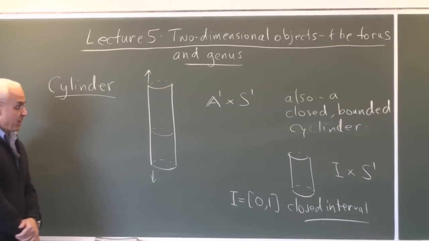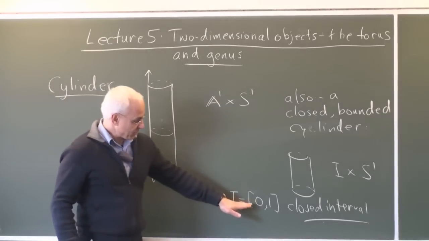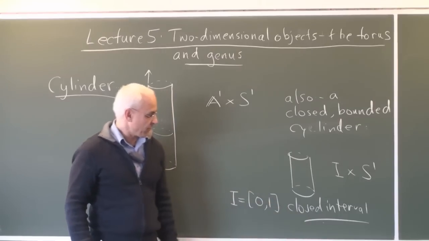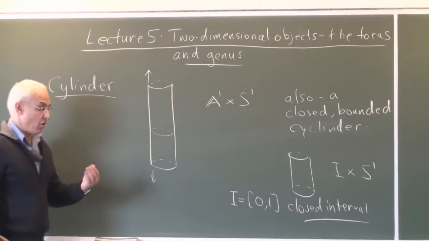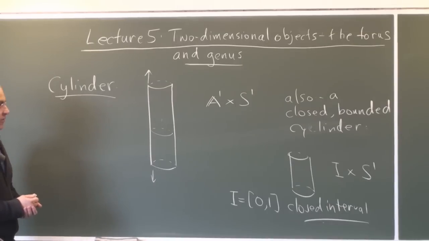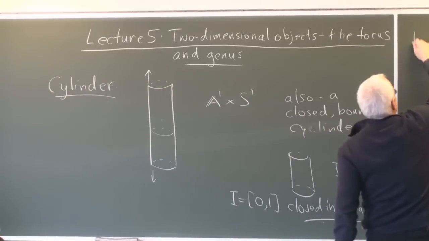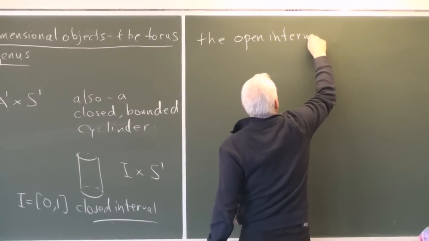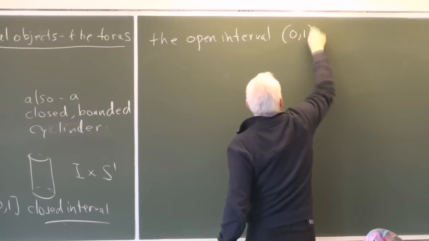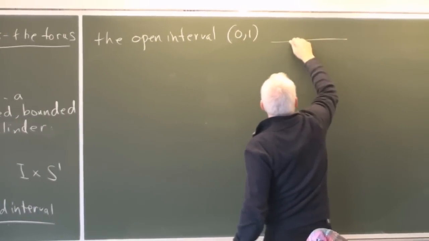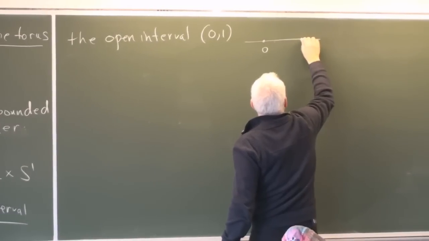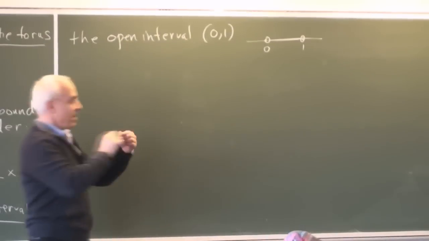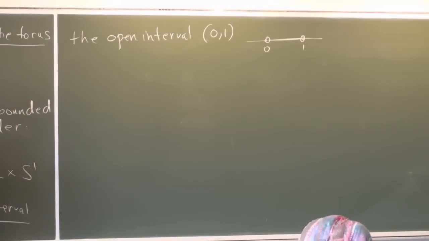I probably should mention that there's quite a difference between including the boundary points and not. So when we include the boundary points, we get the closed interval. When we don't include the boundary points, we get an open interval, or perhaps a half open, half closed interval. So the open interval, denoted usually by 0, 1, and on the line we would indicate that by putting round circles instead of closed circles.